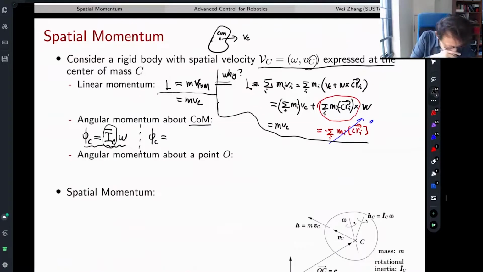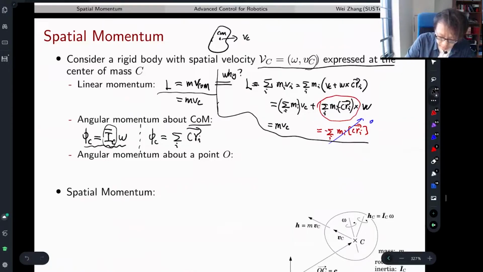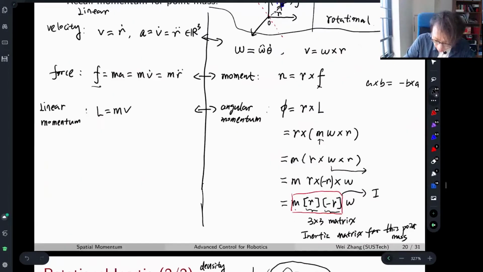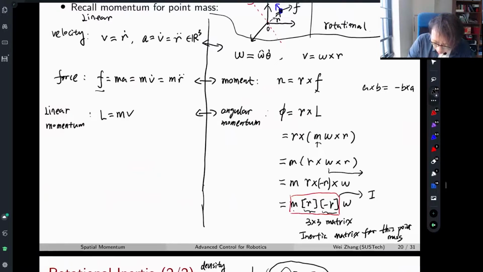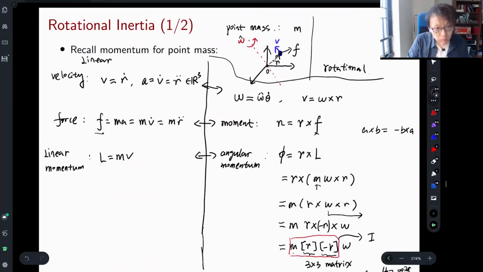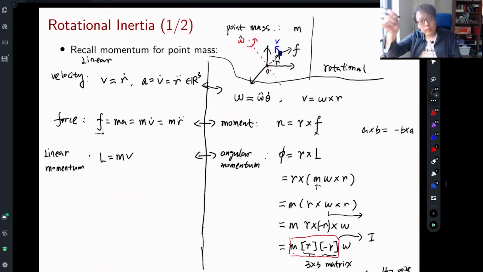So in general, phi of C equals the summation over all the particles of the vector from C to R. As I mentioned before, this R is a vector from the origin or reference point to the position of your point mass. If you change your reference point, the vector also changes, right?